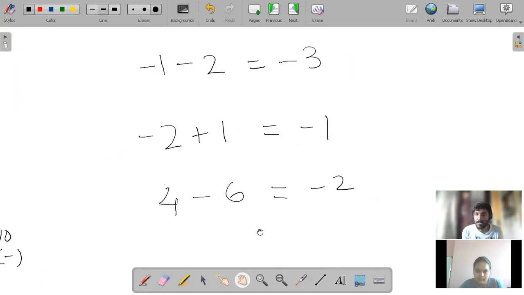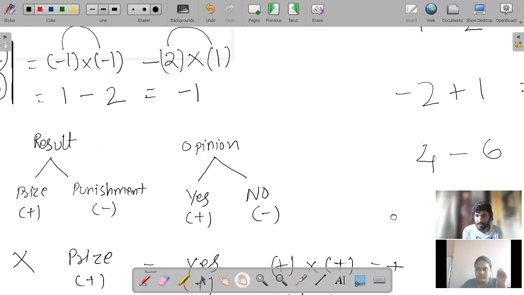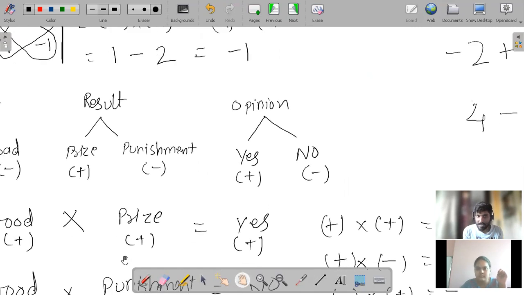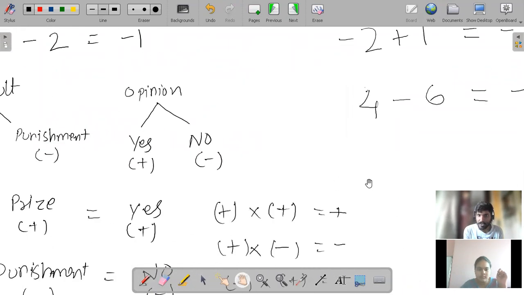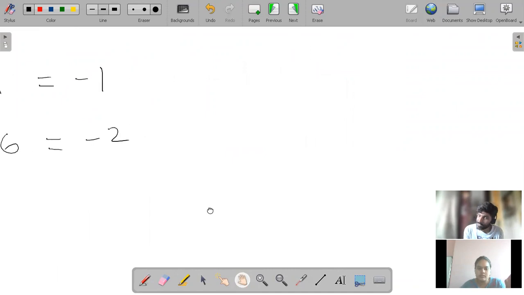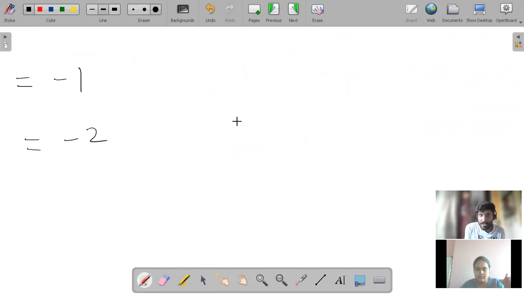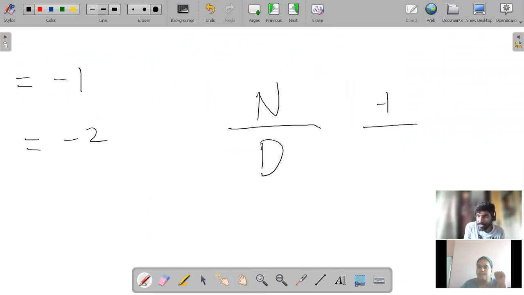Now the same thing will be for division. This was multiplication, but you can do the same for division. When you divide, you will have a numerator and a denominator. If the numerator is plus and the denominator is also plus, then the answer will be plus.